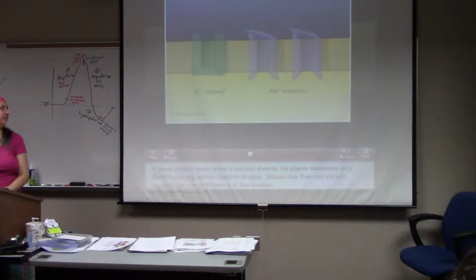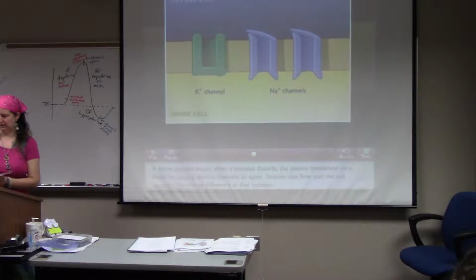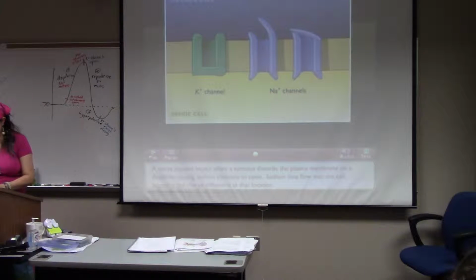The resting membrane potential. A nerve impulse begins when a stimulus disturbs the plasma membrane on a dendrite, causing sodium channels to open. Sodium ions flow into the cell, lessening the charge difference at that location. If the change is enough, it will cause nearby voltage-gated sodium channels to open.